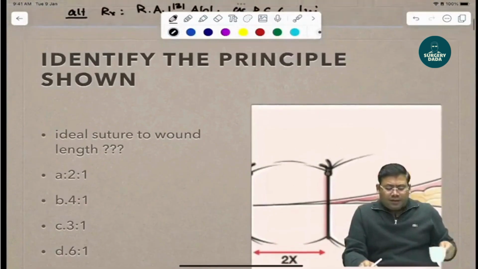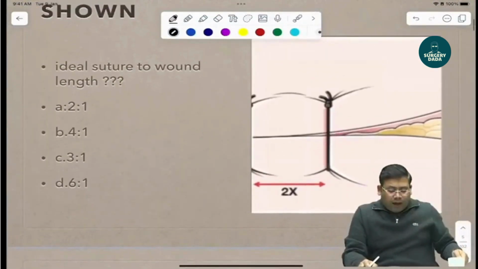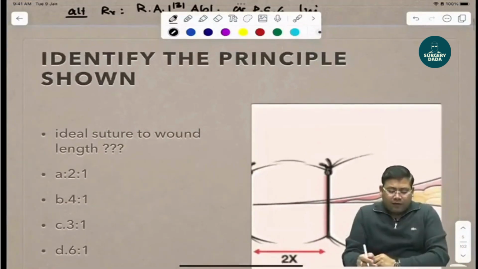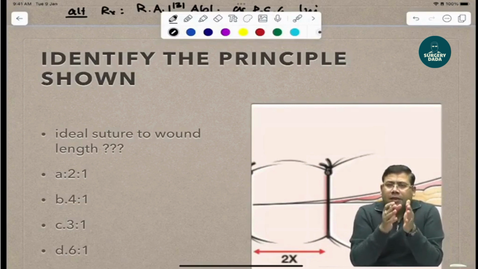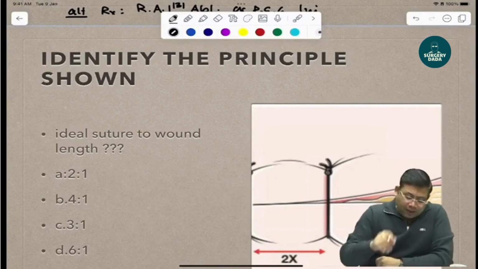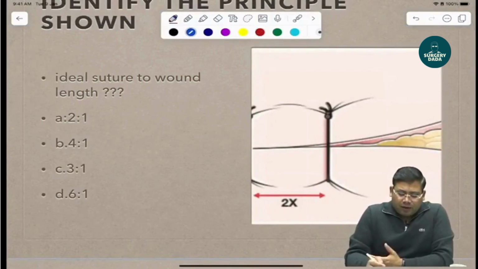So let us go to the next image that we have. Identify the principle shown. This is the principle of wound suturing. The gap between the two sutures, ipsilateral, contralateral, we shall be discussing that. What is the ideal suture to wound length? This is bread and butter for all of us students.